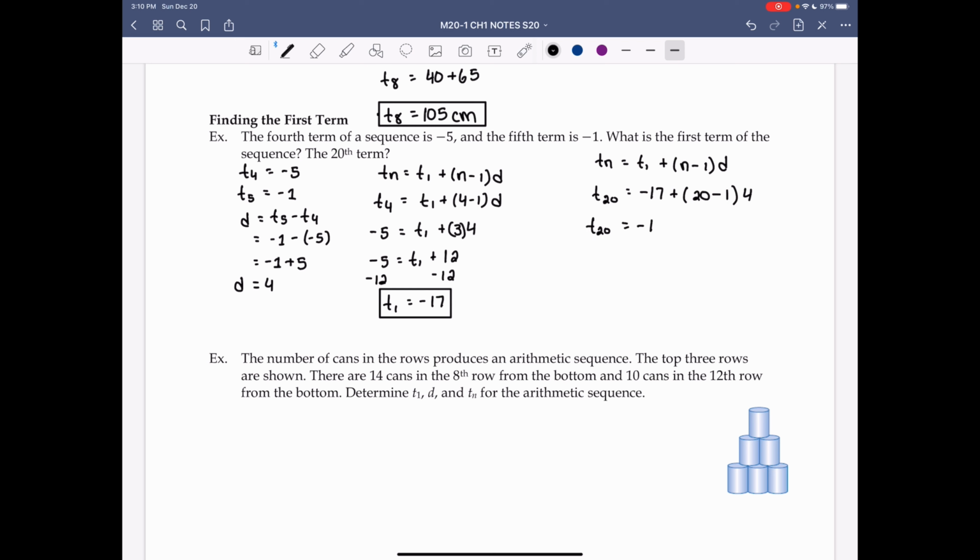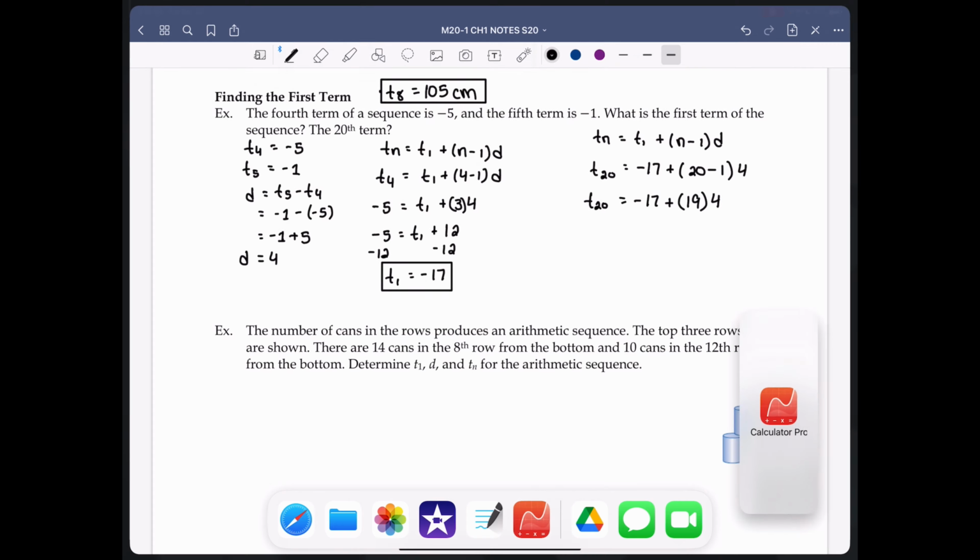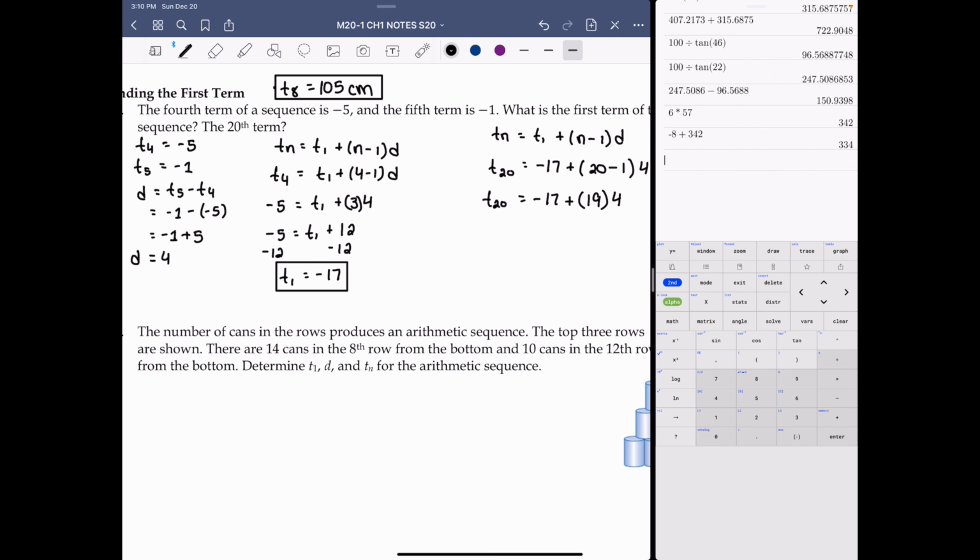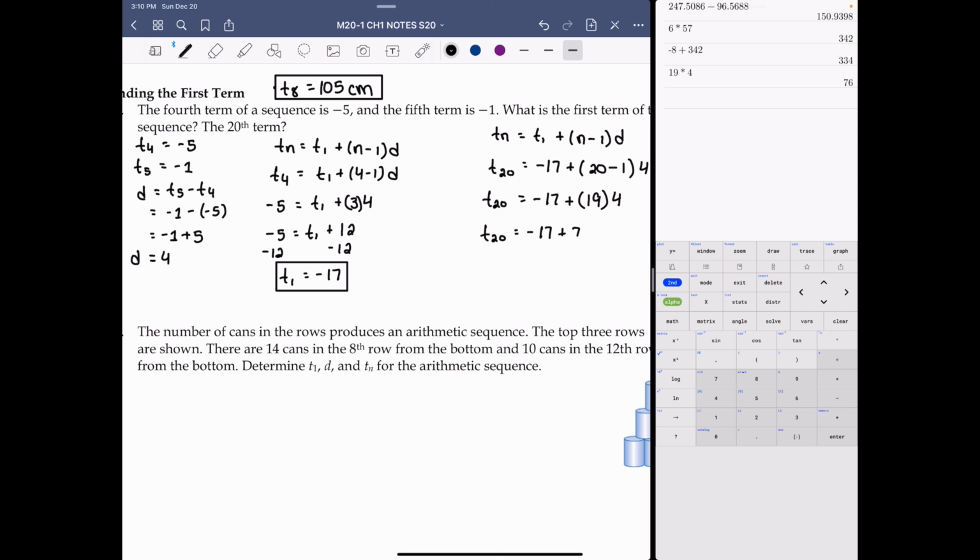T20 equals -17 plus 20 minus 1 is 19 times 4. 19 times 4 is 76, so T20 equals -17 plus 76. -17 plus 76 is 59, so T20 equals 59.